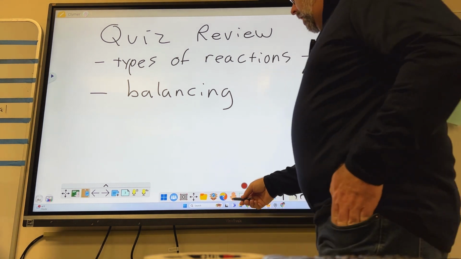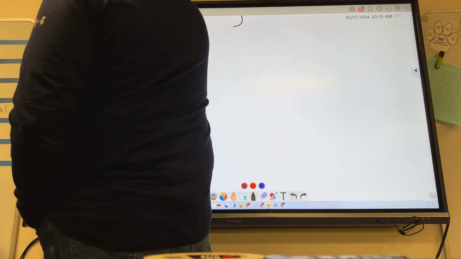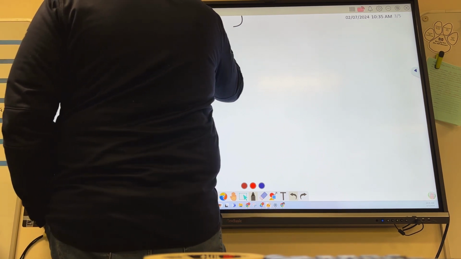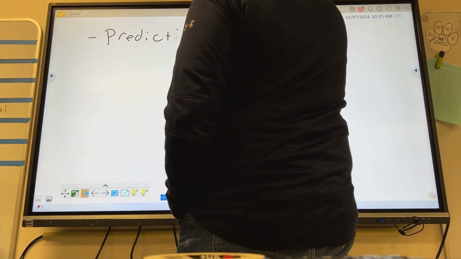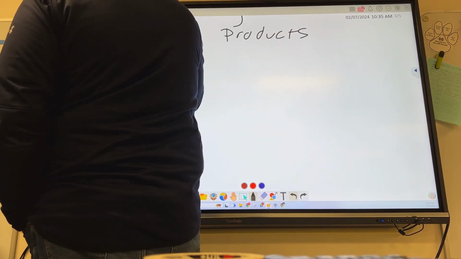On this quiz tomorrow, we'll be predicting products for these 3 types of reactions.